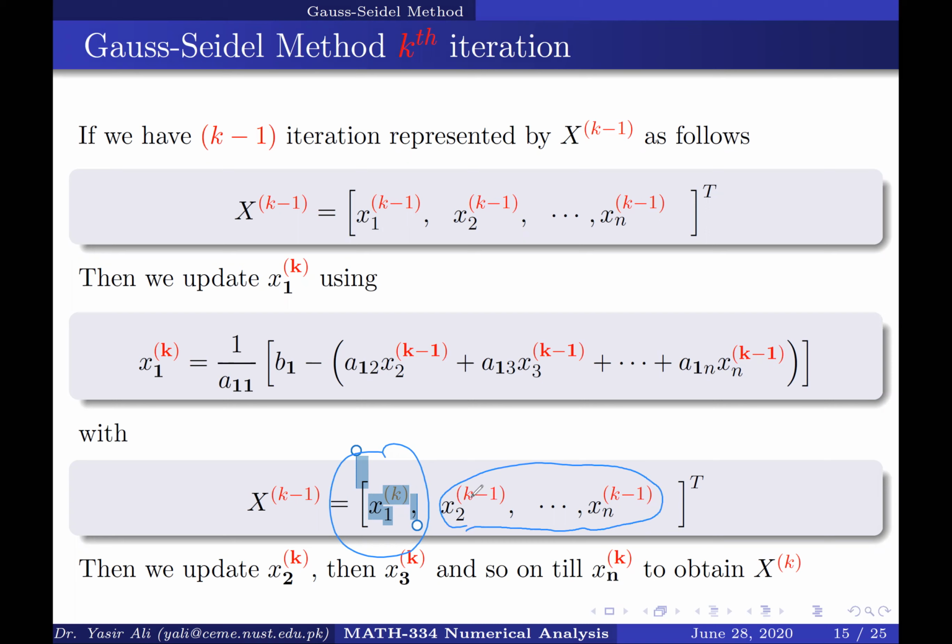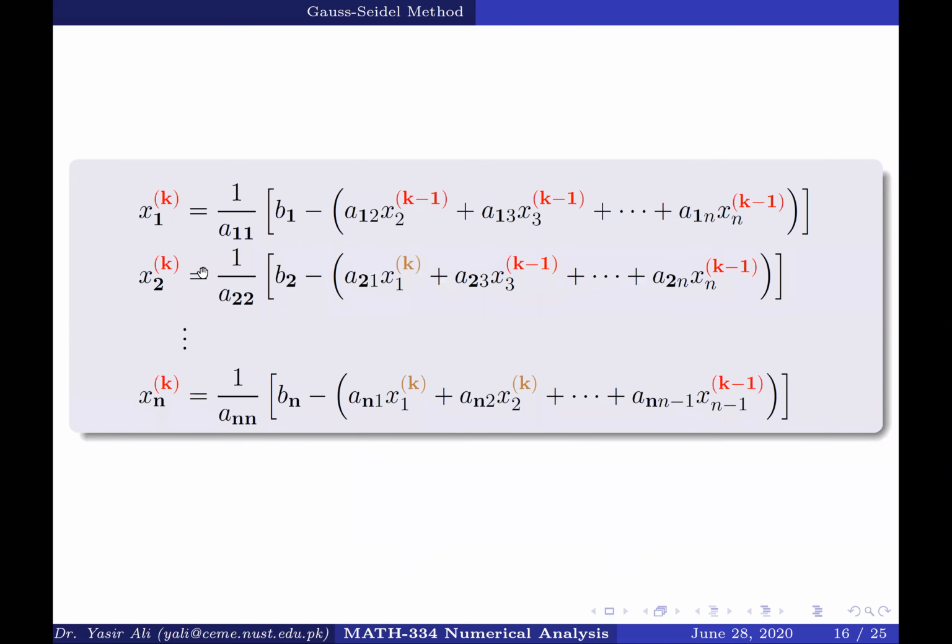We will continue this process, updating x2, then x3, and so on up to xn to find the new approximation. So this is how we do it.